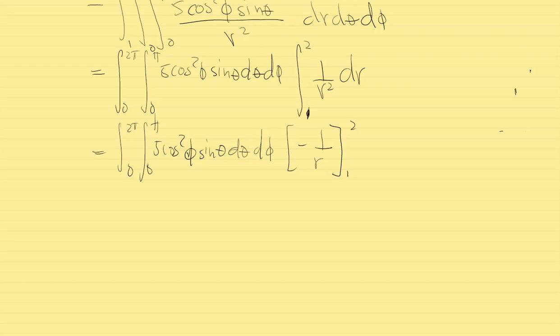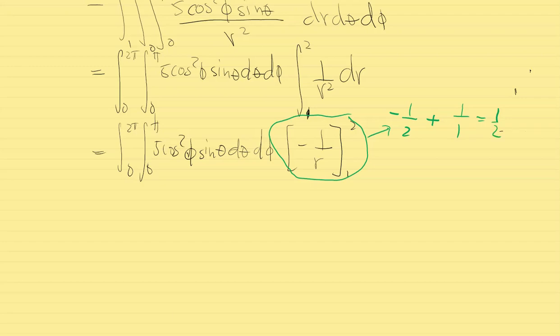So this will be negative 1 over 2 minus the lower limit, minus negative 1 over 1, which is 1 minus 1 half, or equal to 1 half.